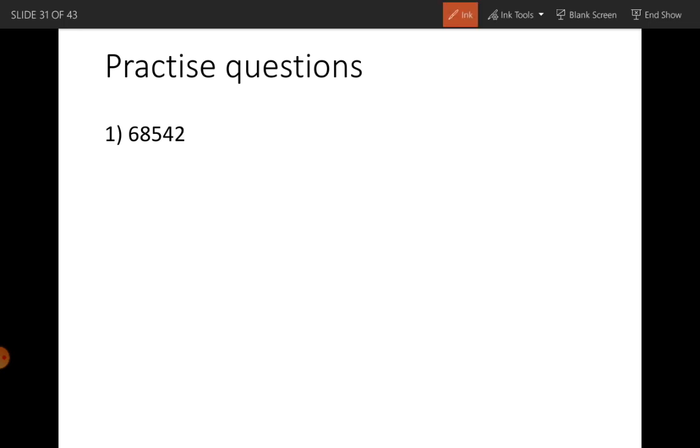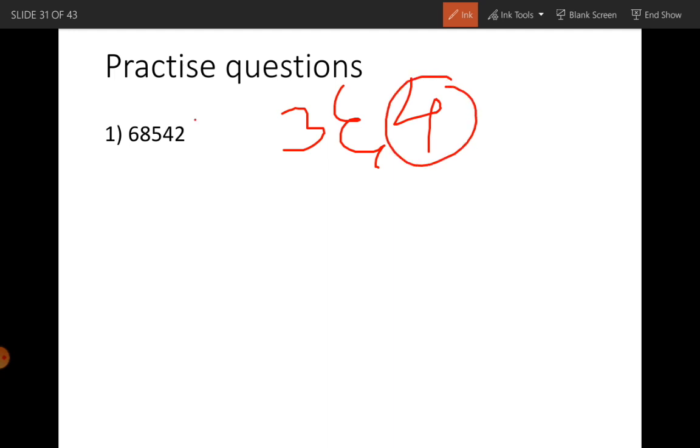Practice questions for 12. Here we have to test both for 3 and 4. Okay, we'll do it first for 4. The last two digits are 42, and 42 is not divisible by 4.